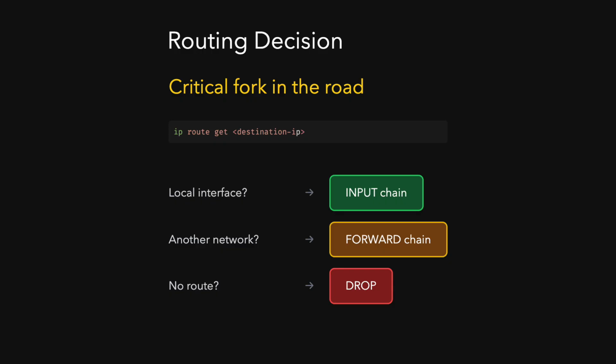First, the destination matches a local interface IP, so it takes the local delivery path and the input chain. If the destination matches a route to another network, then it's the forwarding path and the forward chain. And if no route is found, the packet is dropped with ICMP network unreachable.